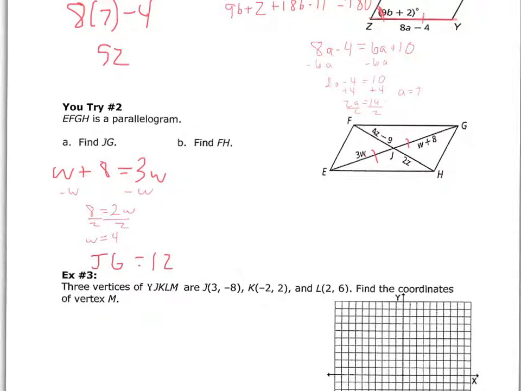Okay, so FH, what do we know about it? Well, we know that diagonals on a parallelogram bisect each other. That's something important to remember. Since we know JG is 12, we know that whole length GE is going to be 24.